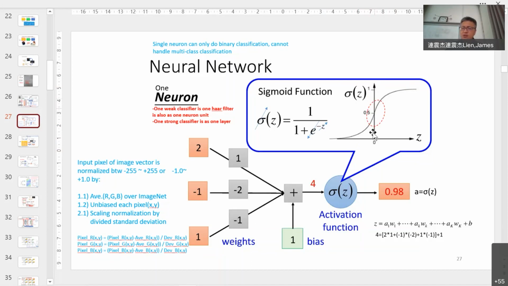The sigmoid means we don't like the value to be around 0.5. So the activation function has two purposes. One is the nonlinear function. The second is that we do not like your output value to be just around 0.5. If the value is a little bit bigger, it gets pushed to 1, or pushed to 0.